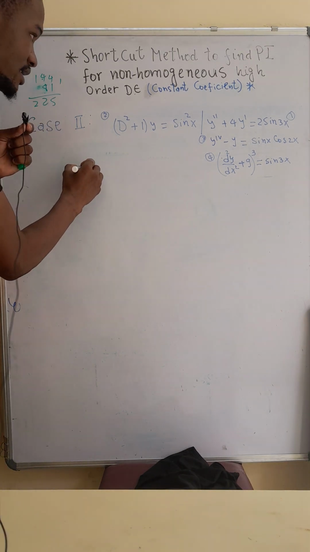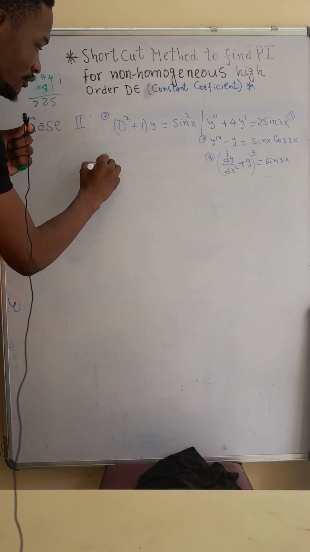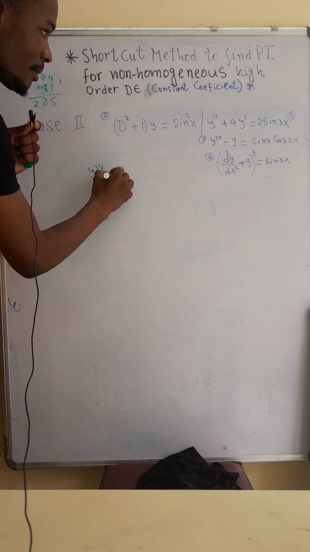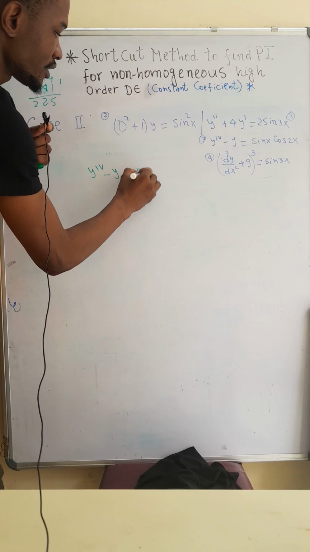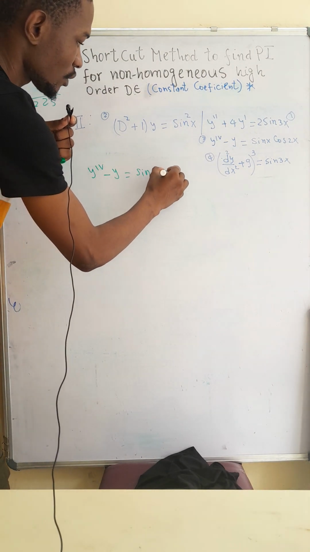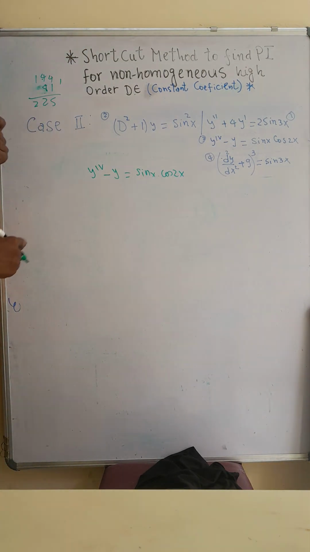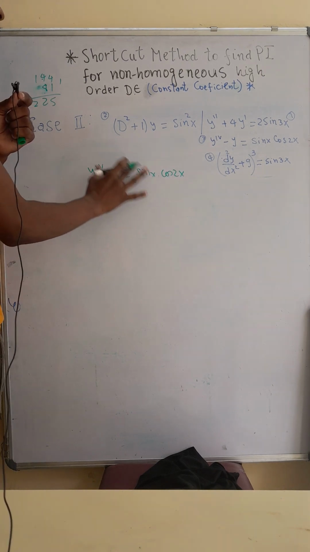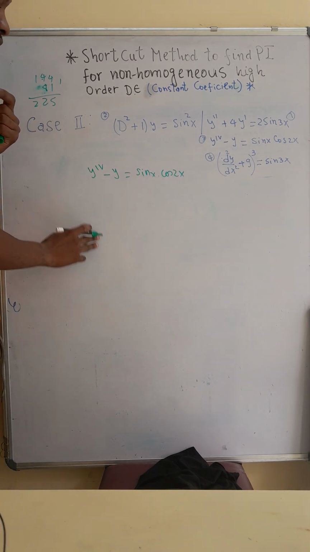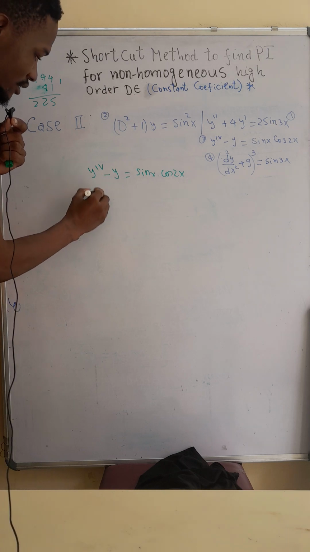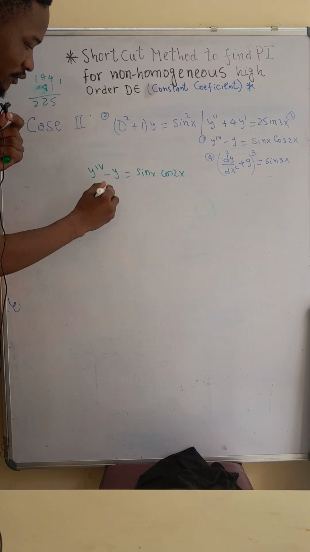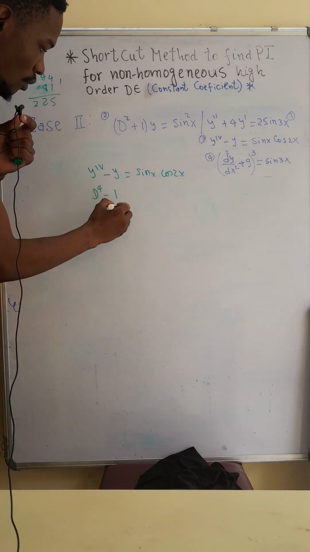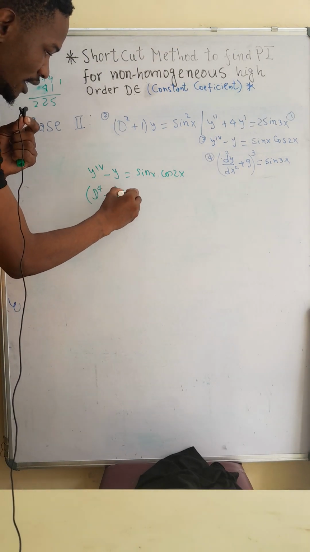For case number 3, it is y to the fourth, minus y, equal to sine x times cos of 2x. Now see, here you have this expression, right? Just transform this guy, d raised to 4 minus 1, and here it is y.